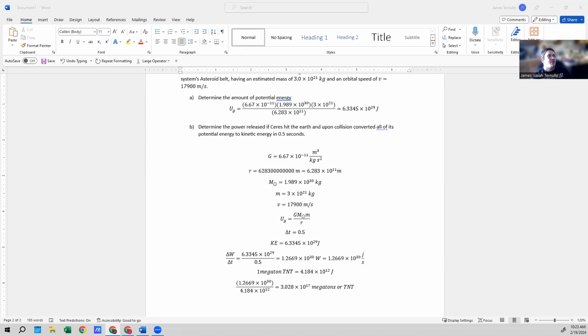Let's see, how many megatons of TNT are in a nuclear explosion? And as a comparison, our strongest nuclear bombs explode at 50 megatons of TNT.